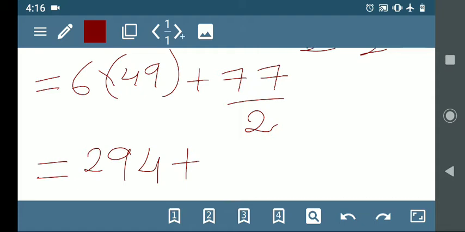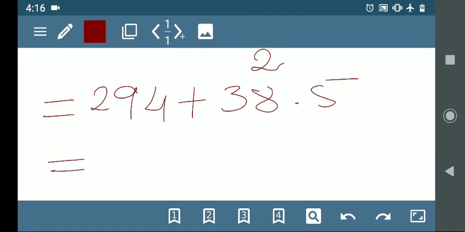Plus 77 by 2 is how much? 38.5. So adding these two, 294 plus 38.5 is equals to 332.5 centimeter square is the total surface area of the solid.